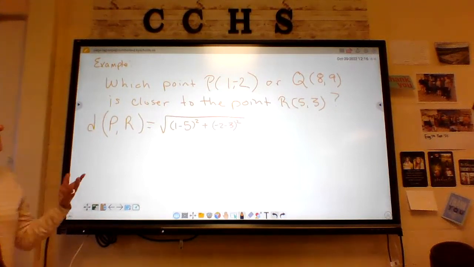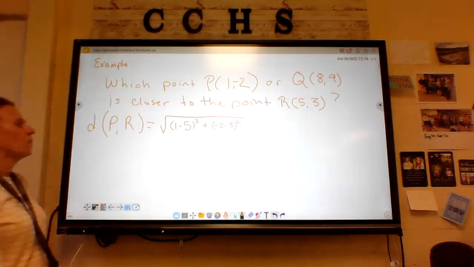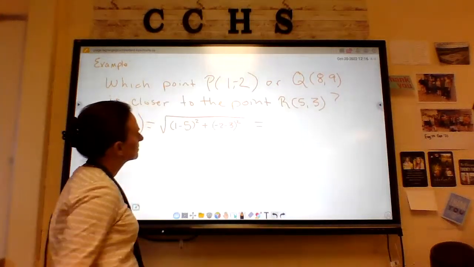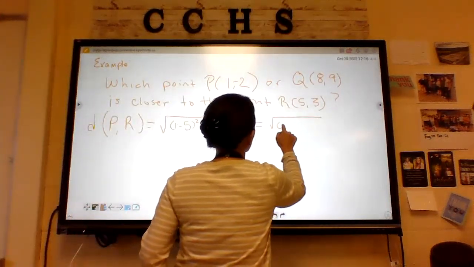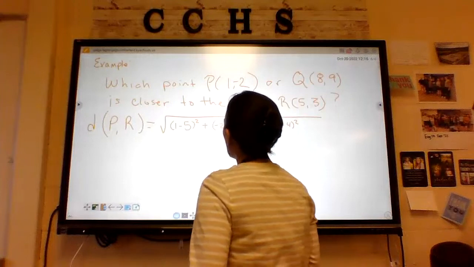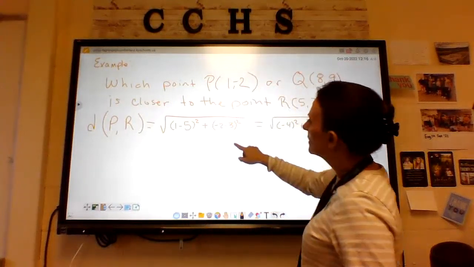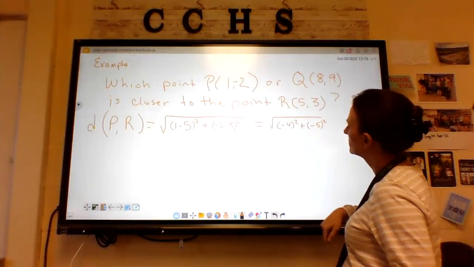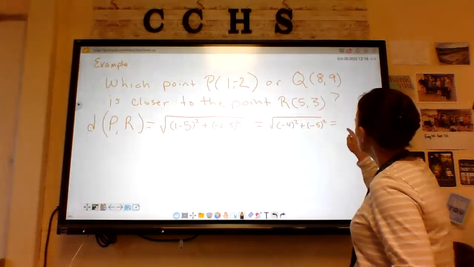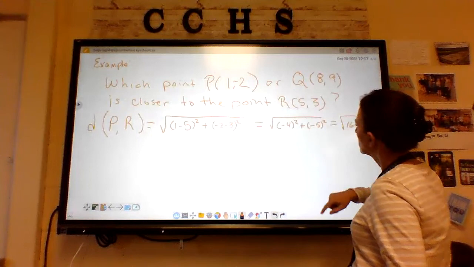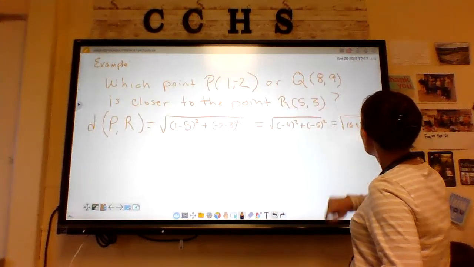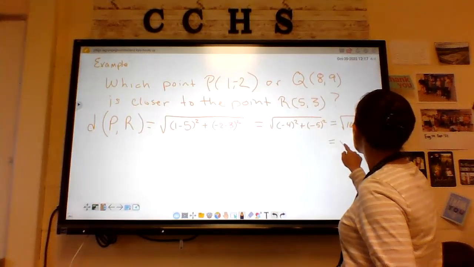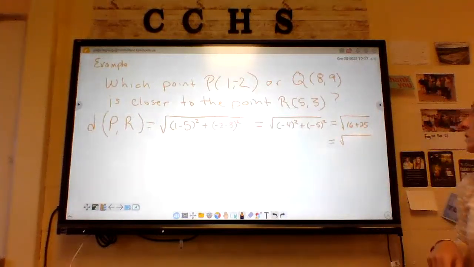All right. So 1 minus 5 squared is -4 squared, right? And -2 minus 3 is -5 squared. So you get the square root of 16 plus 25, which is equal to the square root of 41.